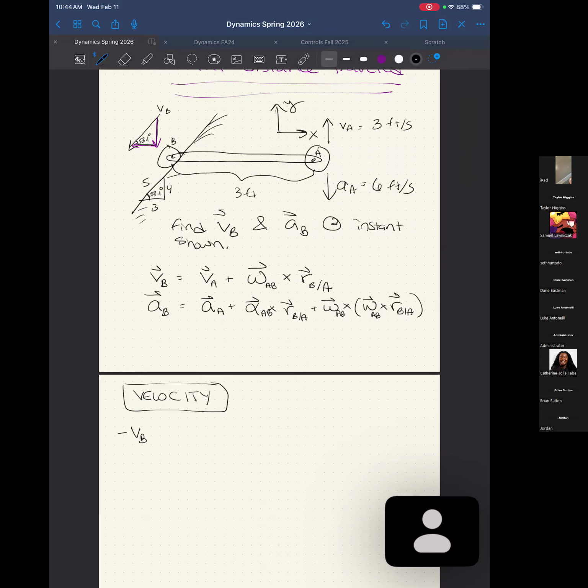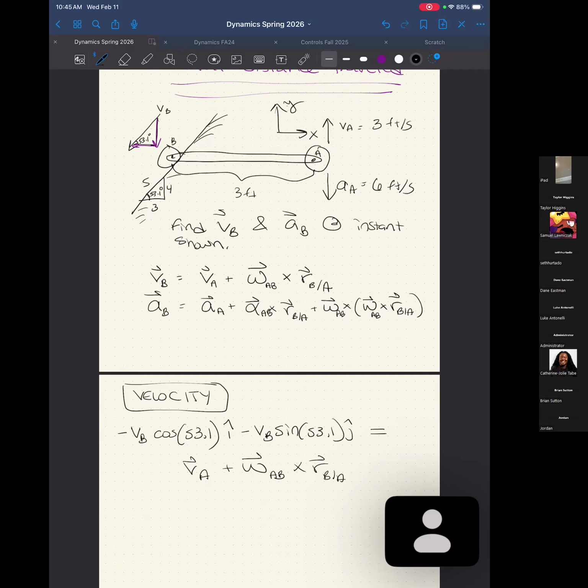Minus V_B cosine 53.1 i hat minus V_B sine 53.1 j hat equals everything on the right-hand side. So V_A plus omega_AB cross r_B/A. Now, I assumed it was going down. It may not be going down, but I'll end up getting a negative for what V_B is.